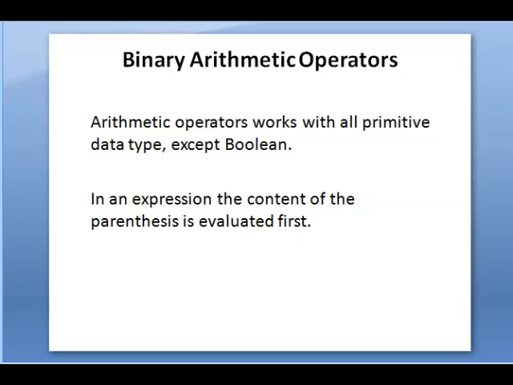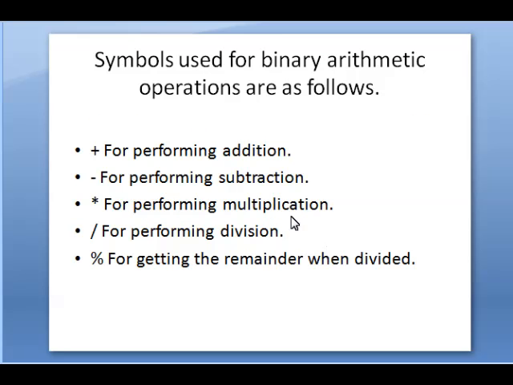Now let us see the symbols used for binary arithmetic operations. First one is plus. Plus is for performing addition. Minus for performing subtraction. This star symbol means multiplication. For multiplication we have to use this star symbol.